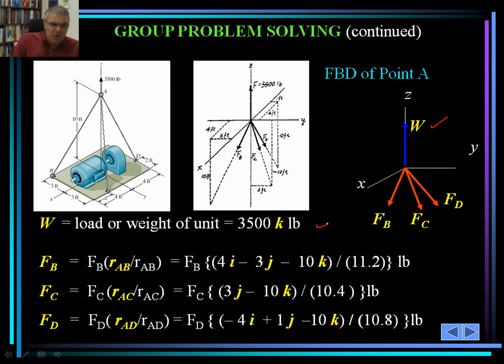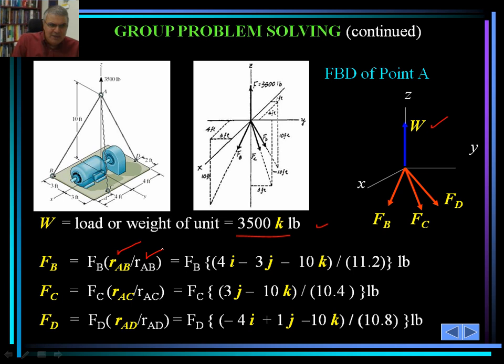It is 3,500 pounds. It is acting on the positive direction of the Z-axis, so it's going to have a K component associated with that. F sub B, F sub C, and F sub D. We use what we did previously. We take the IJK form, and we divide it by the magnitude of each of them separately.